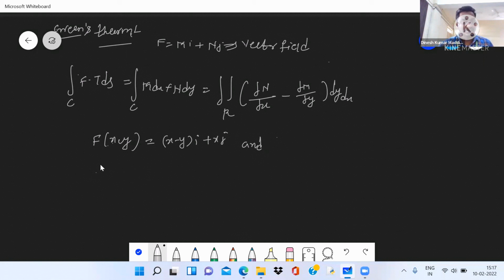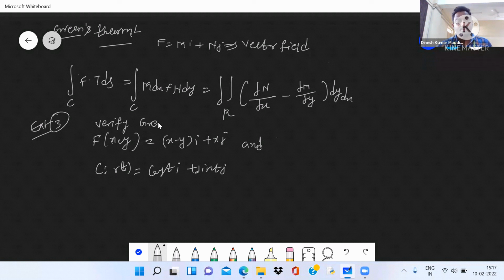It is r of t equals cos t i plus sin t j. They gave that as example number 3: verify Green's theorem.